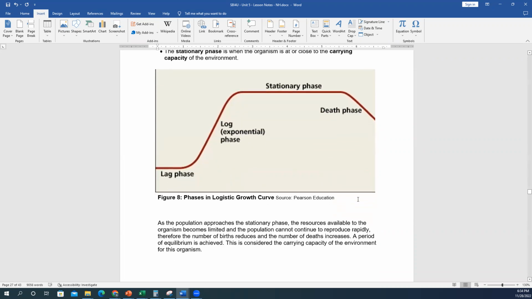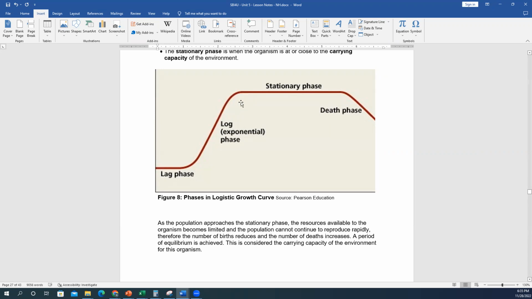As the population approaches this stationary phase, the resources that are available become limited, as you might imagine. The population can only grow so much off of a certain amount of limited resources. So the population can't continue to grow and reproduce rapidly like it was doing before.